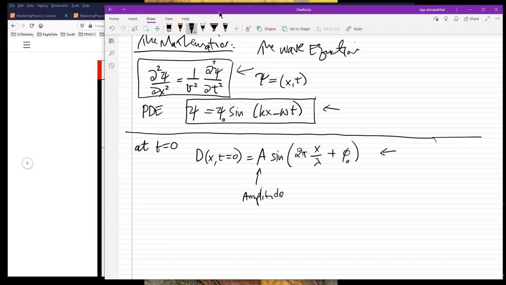Lambda is the wavelength. And this phi naught is called the phase constant. I'm going to come back to it in a minute; for now, just accept it. The x here describes the displacement in the x direction.